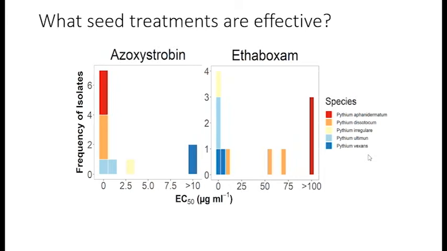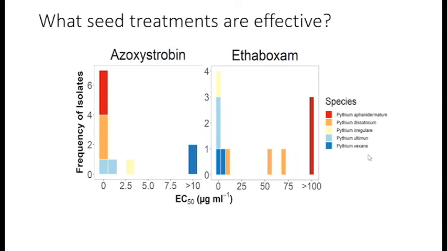But then azoxystrobin is very good at controlling many isolates of Pythium aphanidermatum, many isolates of Pythium sylvaticum, good with Pythium ultimum. You need a little bit more to control Pythium irregulare, but when it comes to Pythium vexans, for example, one of the species we find a lot in Illinois soils, not very good, right?